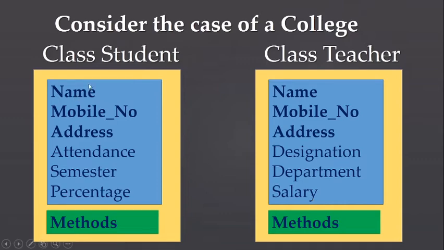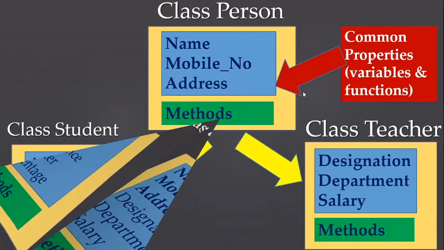Now we can find that for both classes, three variables are common. We have taken the example of variables only. It might happen that in the case of methods, a few codes are repeated in both classes, Student and Teacher. So it's not required to write the code in both the classes like this.